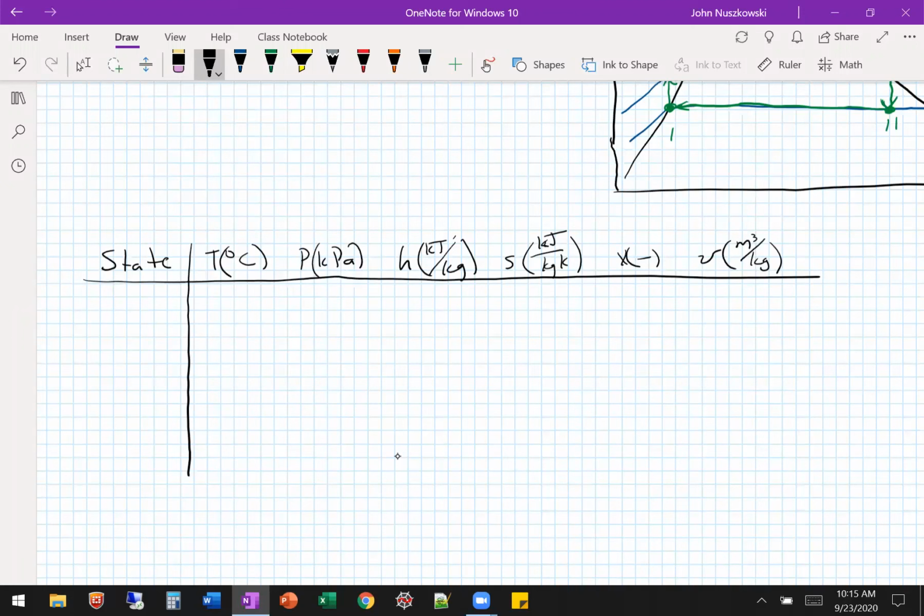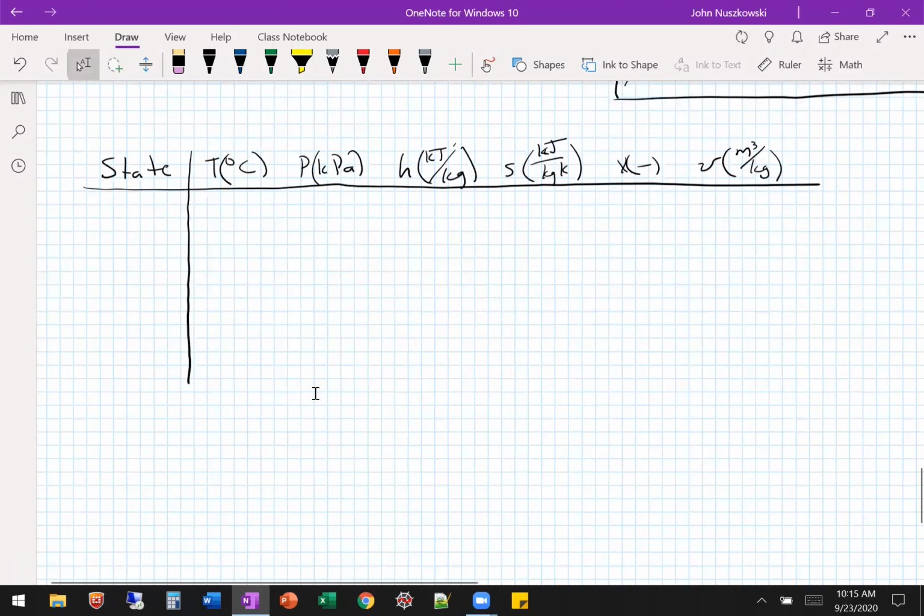All right, so we have 11, but no isentropic and actual, so it's all just actual.